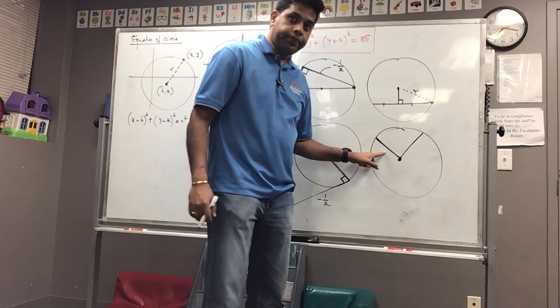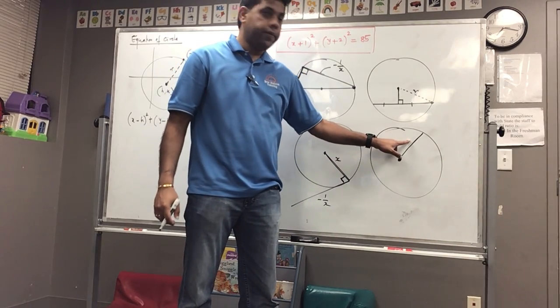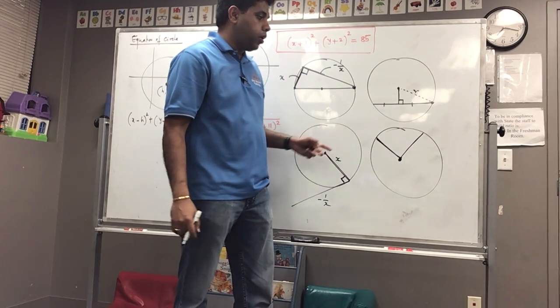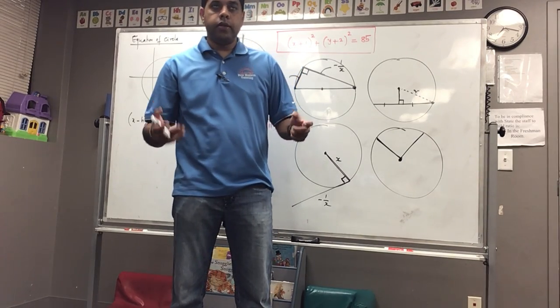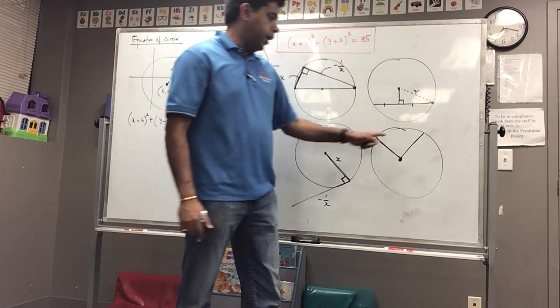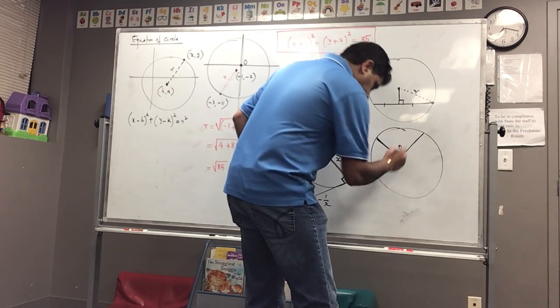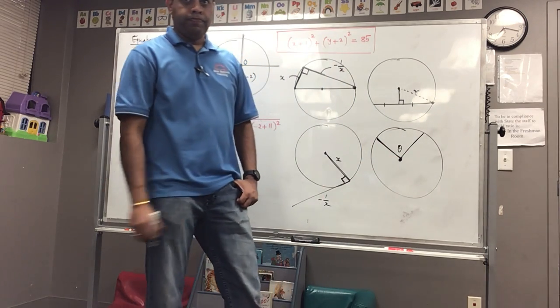What is this line? Okay. When two radii meet at the center point, the angle that is formed is called the central angle, theta.